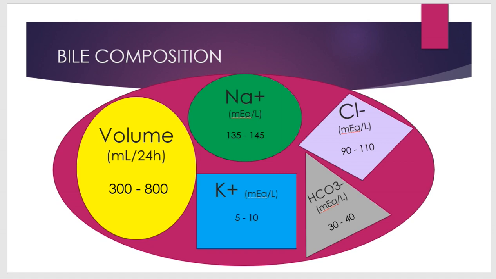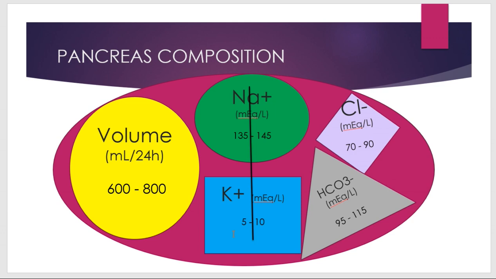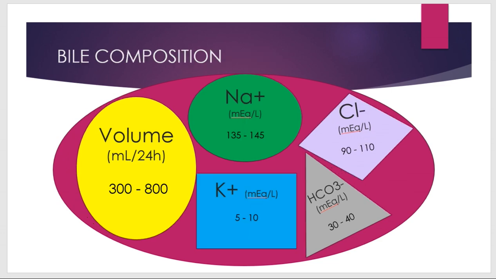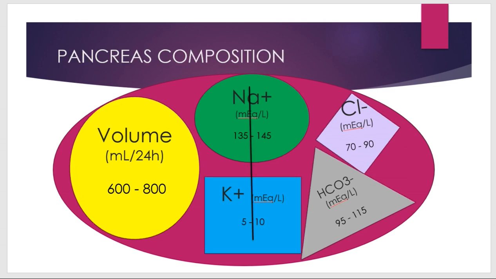Okay. Now finally, let's focus on these two anions, the chloride as well as bicarbonates. Here you can see, I'm just again shuffling the two slides, just to make it more clear. Just focus on the chloride in the bile. Now pancreas, the smaller one.